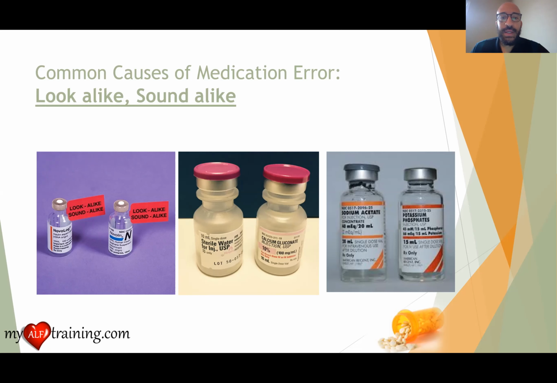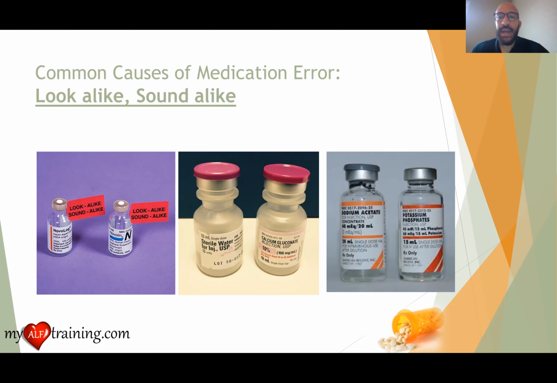In this middle picture, we have sterile water and calcium gluconate. The vials are exactly the same. If you're working night shift, you're in a rush, they both even have some pink on the label. So that's another one, just demonstrating how these medications look alike and sound alike.